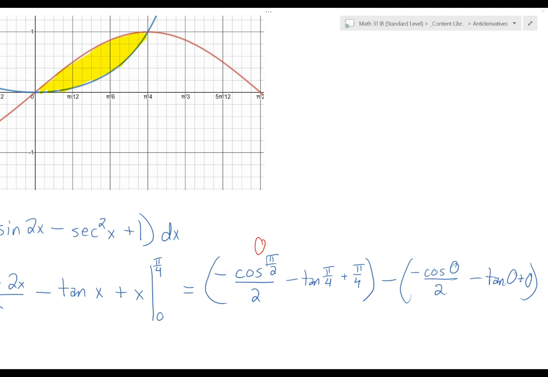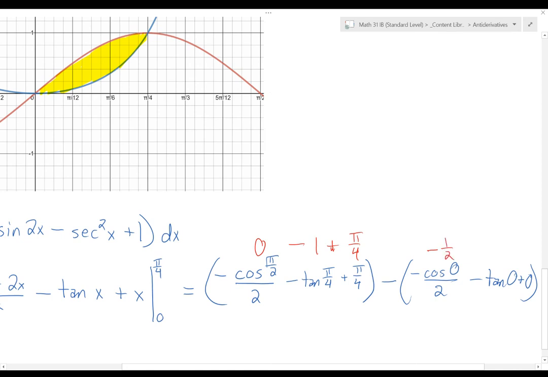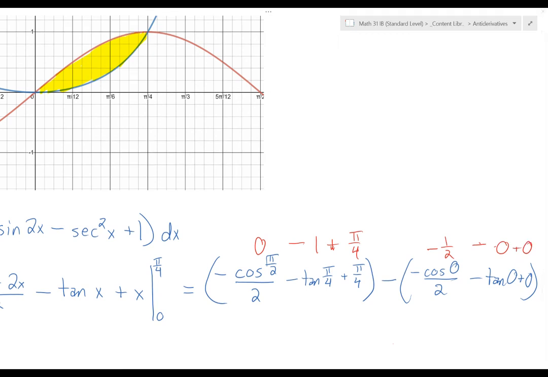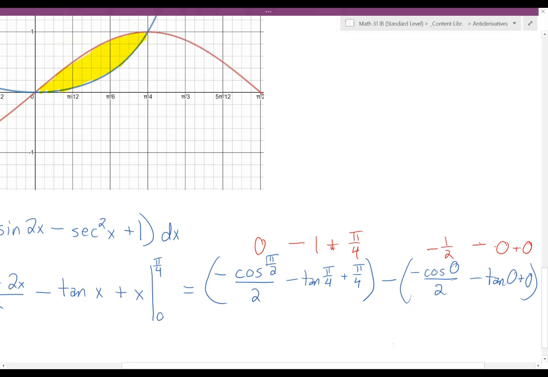Now, the cosine of pi over 2 is 0, so this one goes away. The tangent of pi over 4 is 1, plus pi over 4. And the cosine of 0 is 1, so this becomes negative 1/2. But we are going to subtract it, so it is going to become positive. Tangent of 0 and 0, those are just zeros.